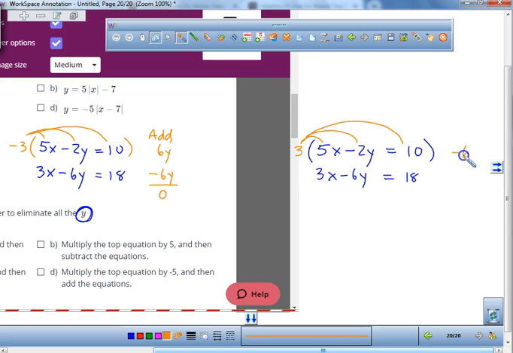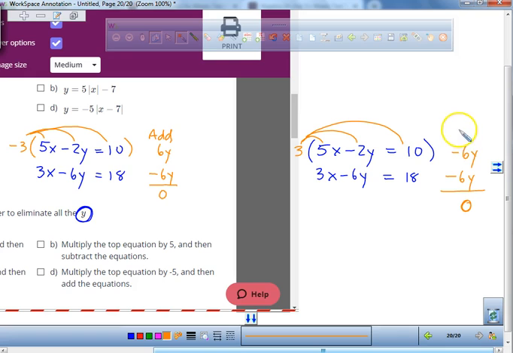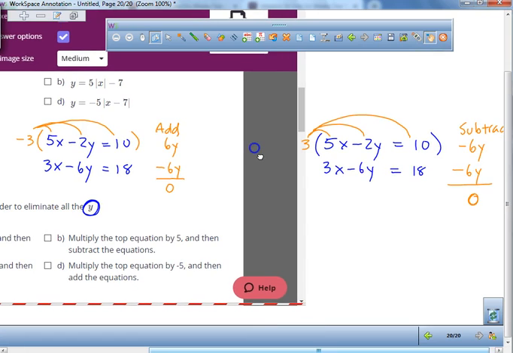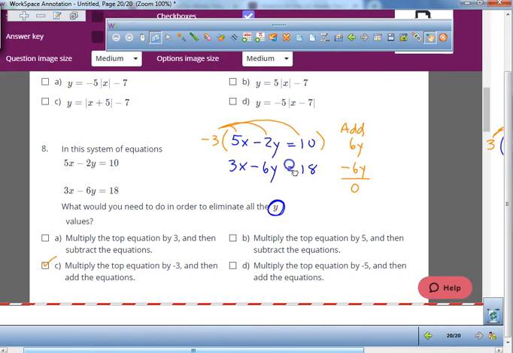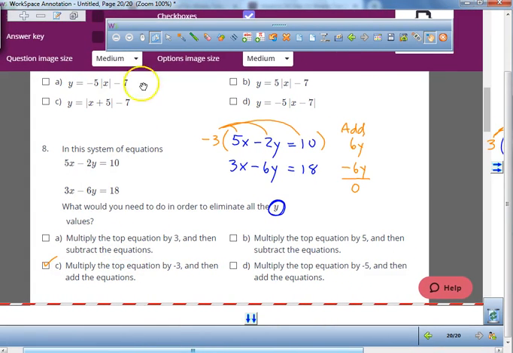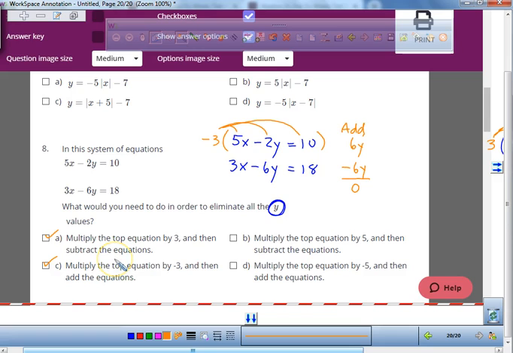But what do I get? I get a negative 6y. Here I have a negative 6y. Well, what would I have to do to get that equal to a 0? I would have to subtract to get it equal to a 0. So I could technically multiply it by a 3, and then I could subtract. All right? So right here, does everybody see you could technically multiply the top equation by a 3, and then you could subtract the equations.